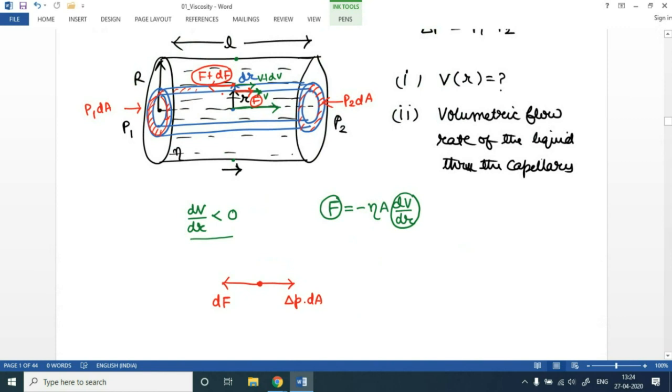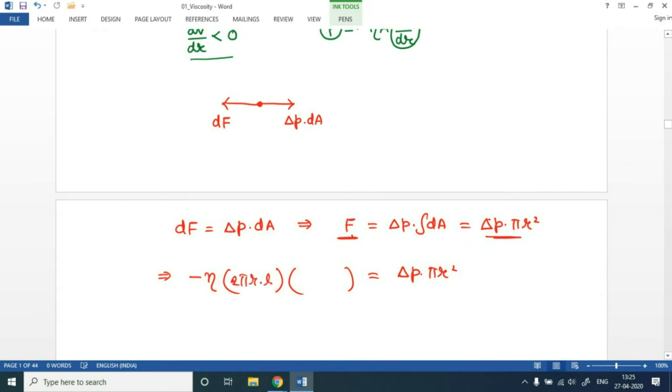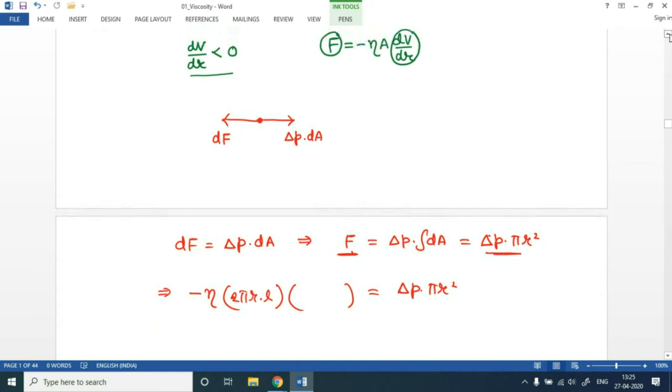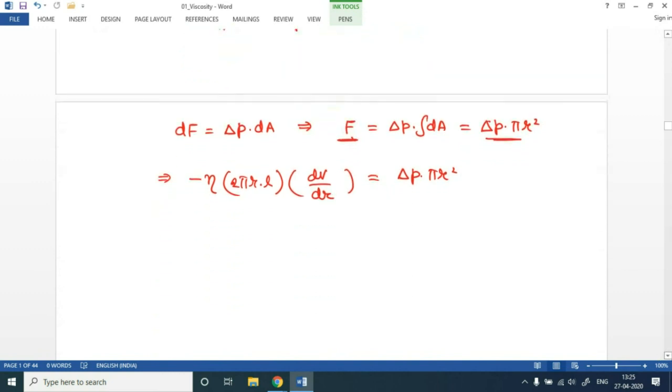The area is going to be the surface area of the cylinder, so that is going to be 2 pi r into L. So that is eta A, and dV by dy would be simply dV by dr. So this gives us a differential equation in V and r. When we rearrange that, one of the r here will get cancelled and this pi will also get cancelled.